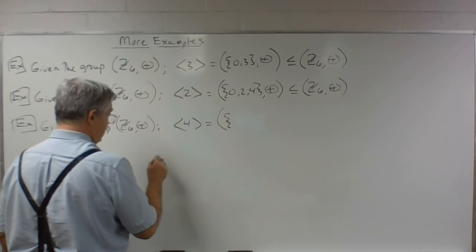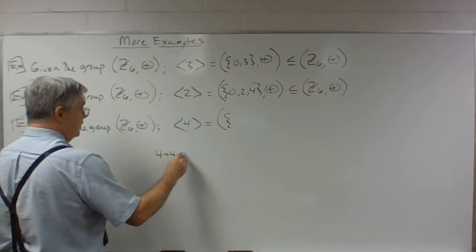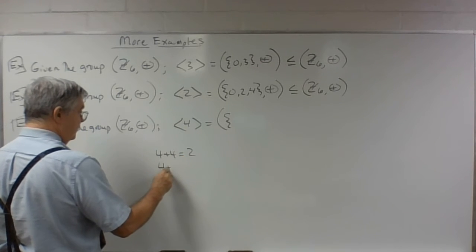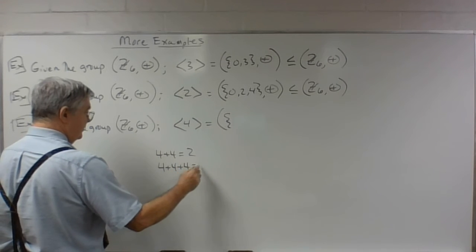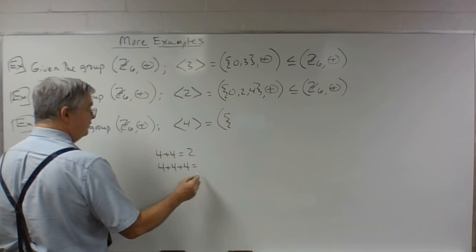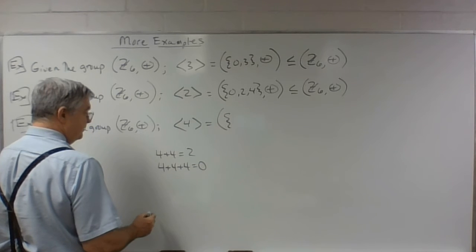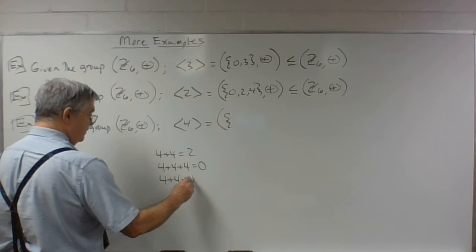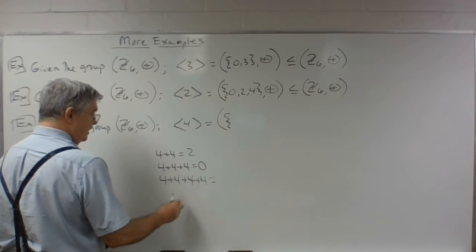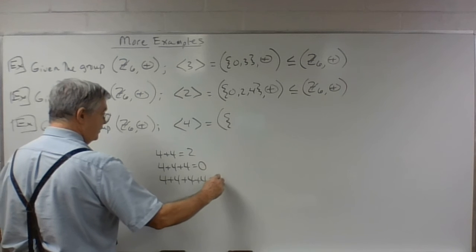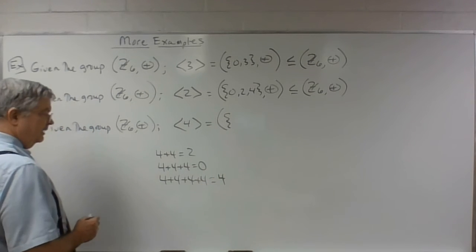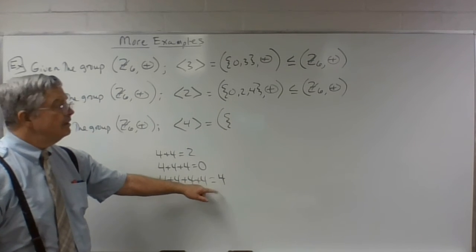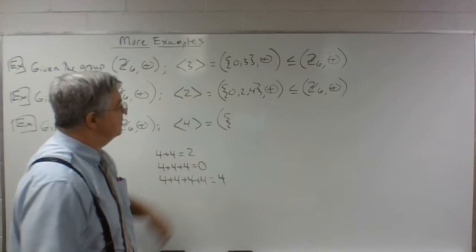We'll see. 4 plus 4 is 8, which is 2 mod 6. 4 plus 4 plus 4 is 2 plus 4 is 6, which is 0 mod 6. 4 plus 4 plus 4 plus 4 is 0 plus 4 is 4 mod 6. So the element 4 generates 0, 2, and 4. Same subgroup as up here.